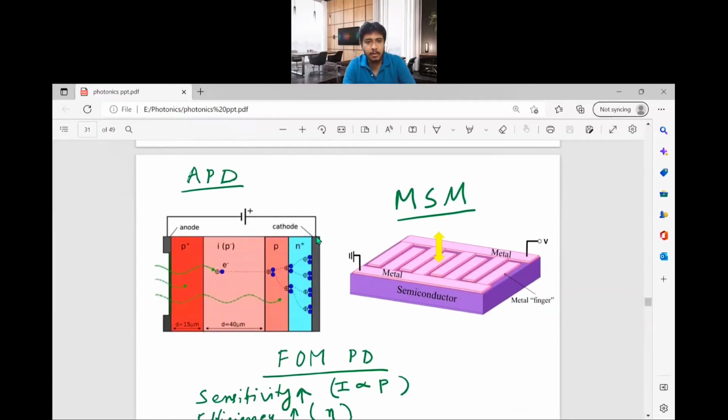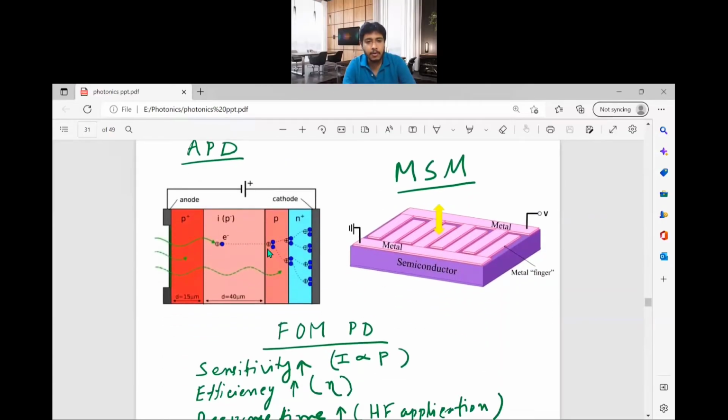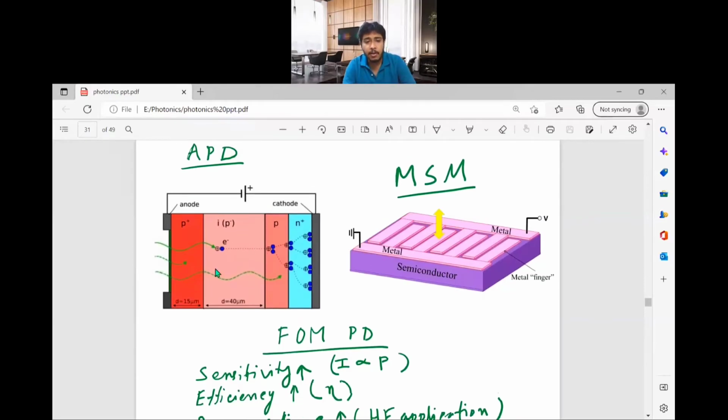Next is the APD, the avalanche photodetector. In a photodetector you have only the photo-generated current, but in an APD you have avalanche multiplication happening. There is a heavily doped semiconductor layer between, in this PIN structure, where N plus is heavily doped. You have the lightly doped region, so you have a high electric field in this P and N plus region. If doping is high, the electric field will be high from N to P. Whatever electron-hole pairs are generated will be drifted by this electric field.